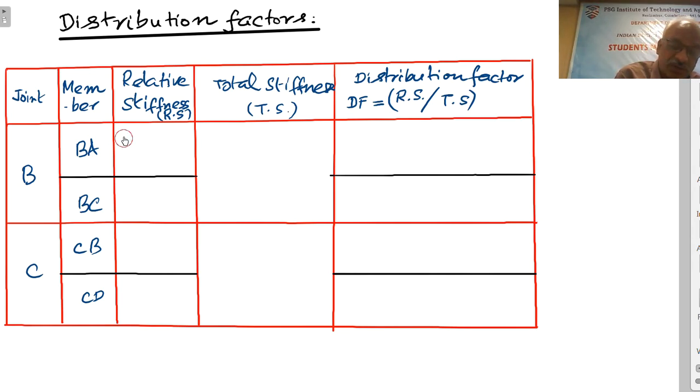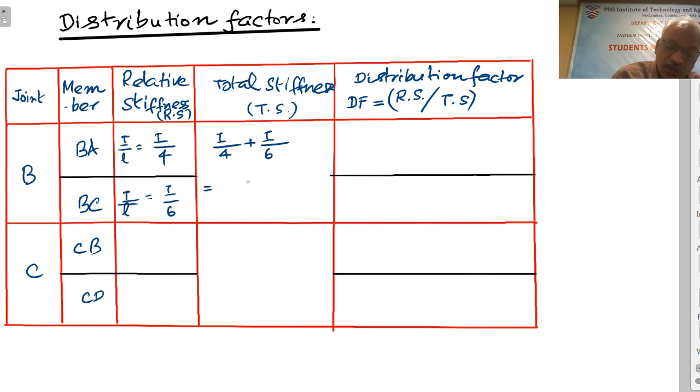BA equals I by L equals I by 4. For this it is I by L equals I by 6. Then the sum equals I by 4 plus I by 6.